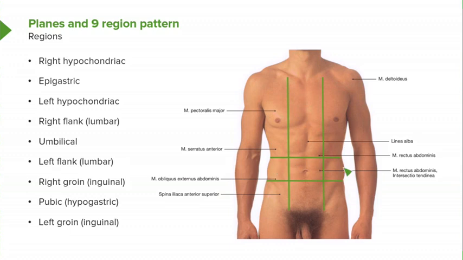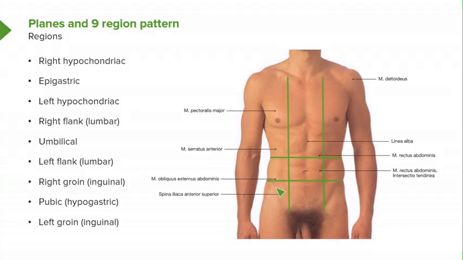The middle regions from the right side of the individual to the left side of the individual would be right flank or right lumbar, umbilical, where you have the umbilicus, and then you would have your opposite left flank or lumbar region. The inferior 3 regions shown here, again running from the individual's right to the left.